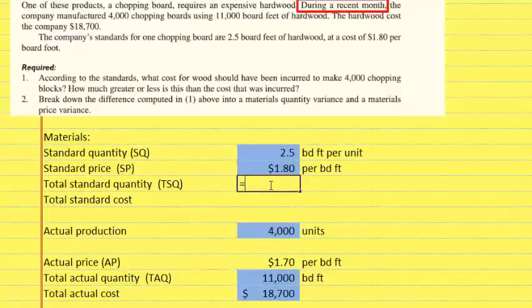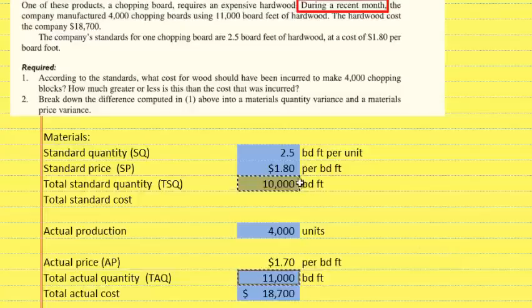We made 4,000 chopping blocks times, we should have used 2.5 board feet per chopping block. So we should have used 10,000 board feet, and now we can compare those two things. Our standards say we should have used 10,000 board feet, and we actually used 11,000 board feet, so we used more than our standards say we should have used, so the materials quantity variance is going to be unfavorable.